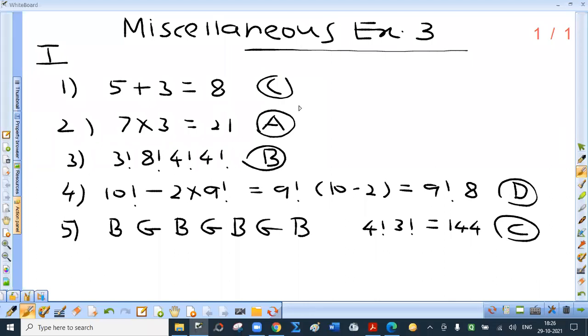So this paper and the remaining 8, that is 9 papers, can be arranged in 9 factorial ways. Now 2 papers, the best and the worst, can be arranged among themselves in 2 ways. So in these many ways, 2 into 9 factorial, the best and the worst papers will always come together.